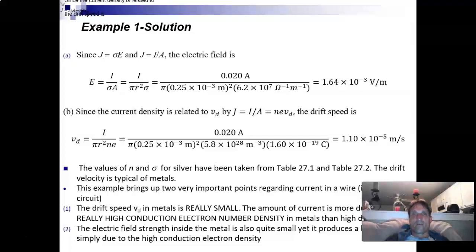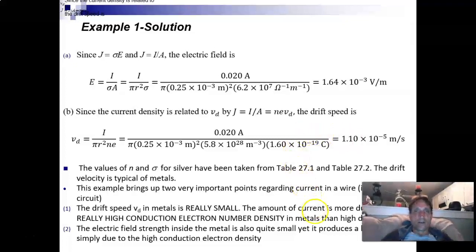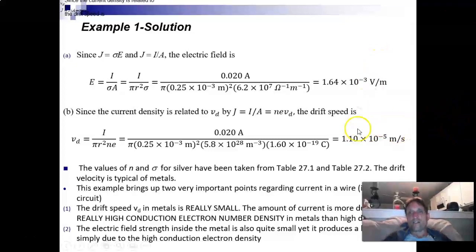Now, in addition to plugging in numbers and showing that we can calculate this, the purpose of this example is twofold. The first is that the drift speed of electrons in a metal is really small. Look here, 1.1 times 10 to the negative 5 meters per second. That's like 11 micrometers per second, the average speed of the electrons as they migrate along the wire.